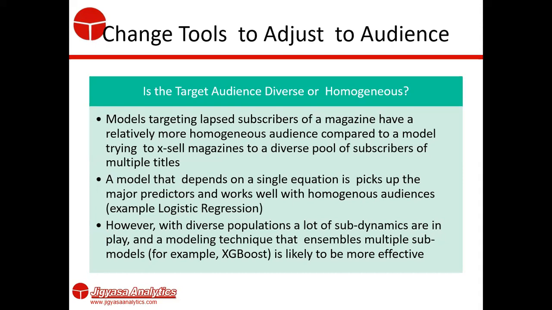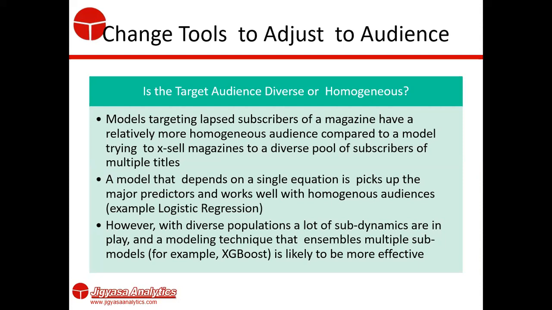So a model which depends on a single equation picks up the major predictors and works well for a homogeneous audience. For years we have been doing logistic regression, and that's an example. That's not the only technique, but it is an example of a technique which does very well with a homogeneous audience.